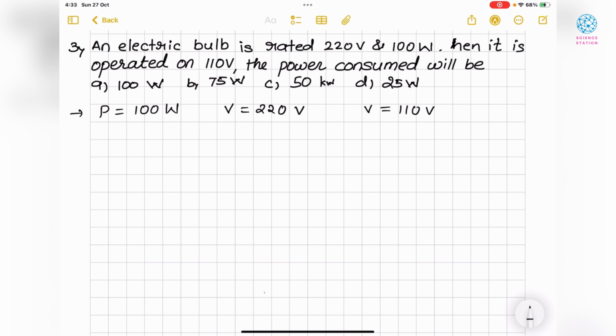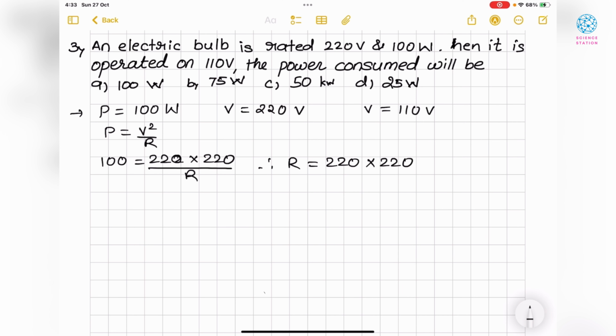So see, I can say P equal to V square upon R. So 100 will be equal to 220 into 220 upon R. So therefore R will be equal to 220 into 220 upon 100. So R will be equal to 22 into 22.